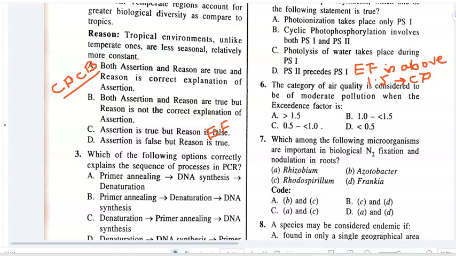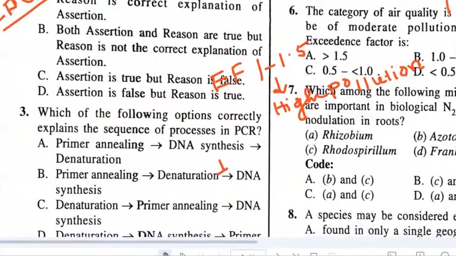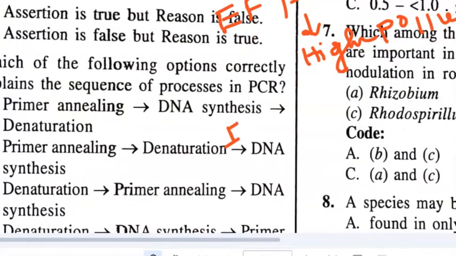If the exceedance factor value is between 1 and 1.5, this indicates high pollution. Now for moderate pollution, what is the EF value?